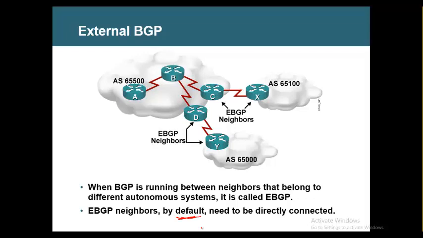So some additional configuration is needed in order to form a neighbor between routers over links that are not directly connected.